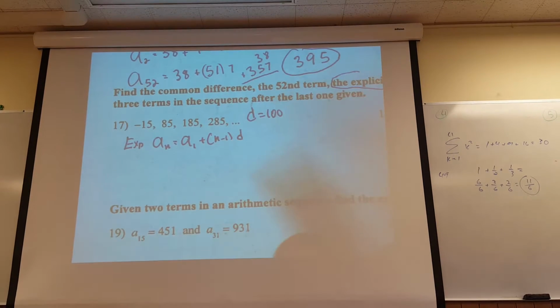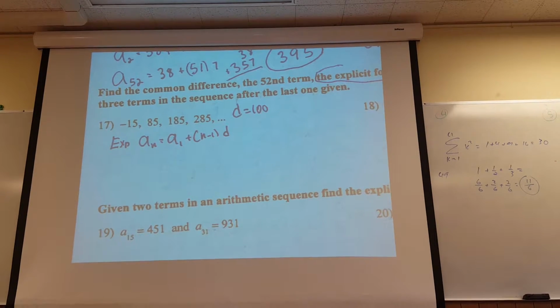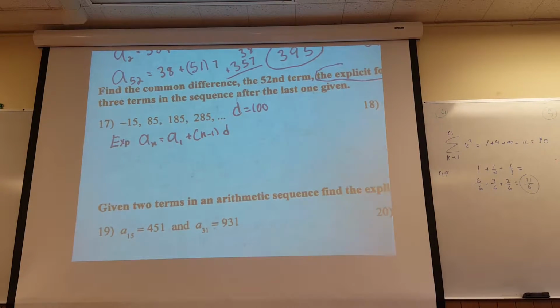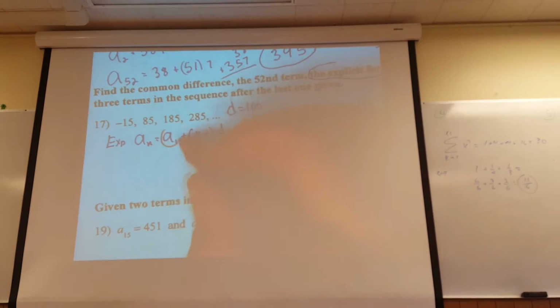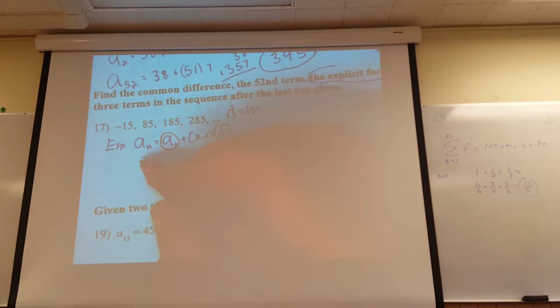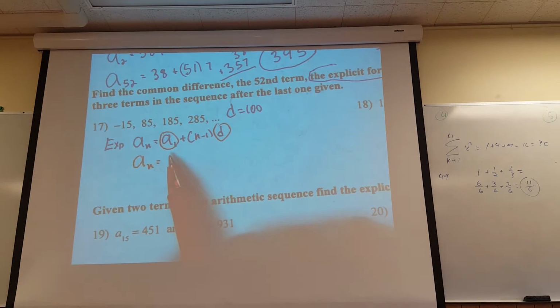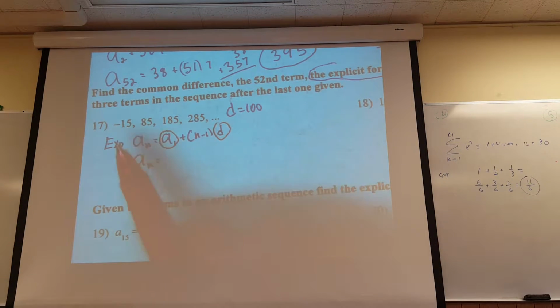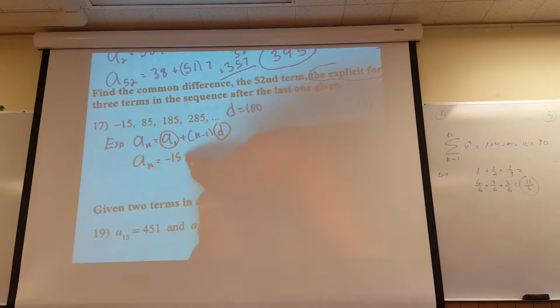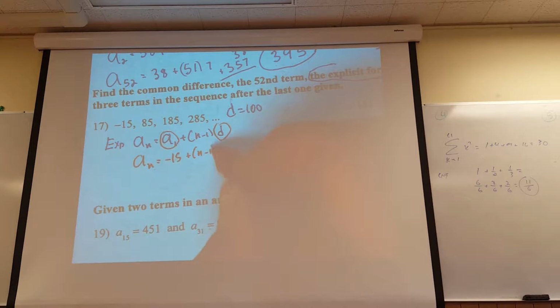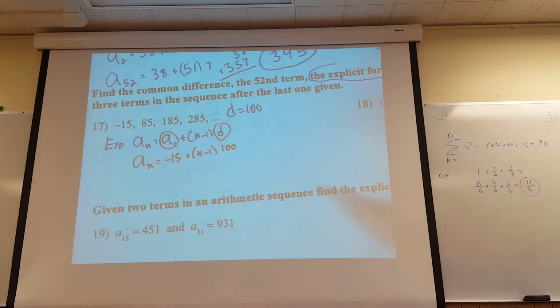Okay, so now I need to replace a1 and d. These two need to go out. So your answer for the explicit, a sub n, do we know what the first term is? And then you write n minus 1 times 100.